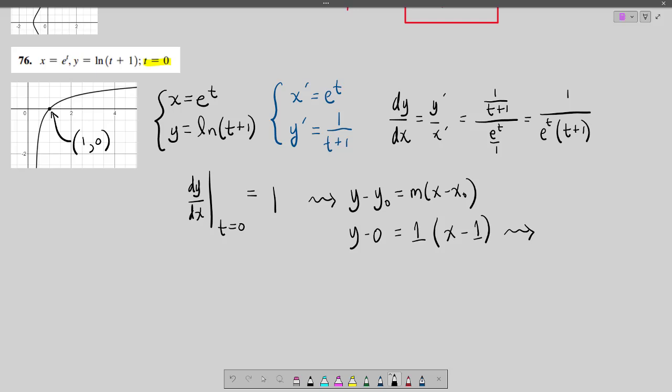So y equals x minus 1. So that is the tangent line. Let's see. Yeah, that makes sense. The y-intercept is -1, slope is 1. Yeah, that makes perfect sense, actually.